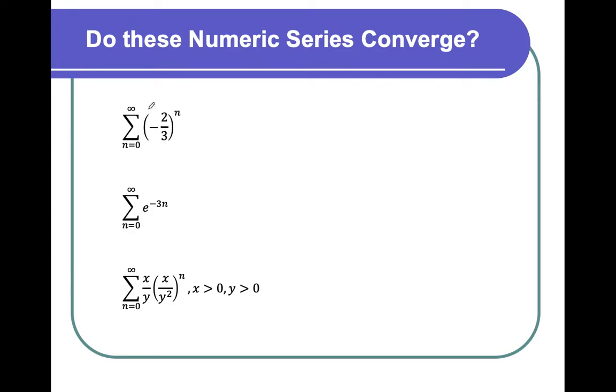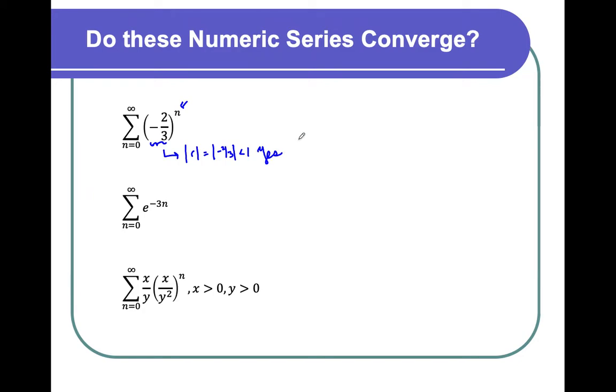So hopefully here this looks geometric to you, right? I have a ratio raised to the nth power that looks geometric, and I have this common ratio. And that common ratio is less than 1, so yes.